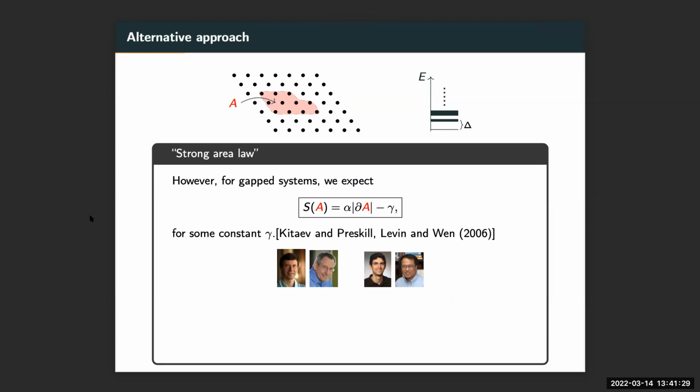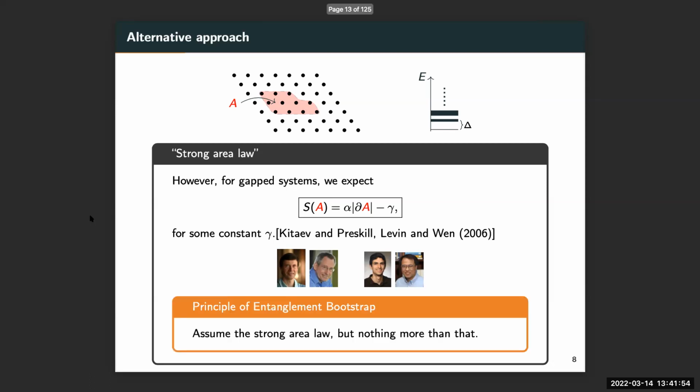One of the authors is in this room, but you might have probably seen this formula. What it states is that if you consider the entanglement entropy of some subsystem of a 2D many-body system, you can often find that the entanglement entropy has a leading non-universal term, which is proportional to the area, and there's a sub-leading term, which is a universal data.